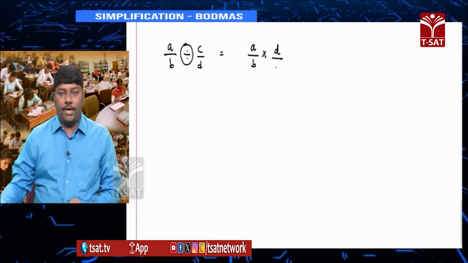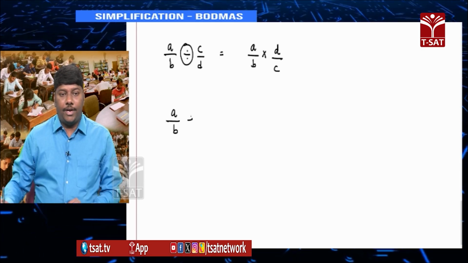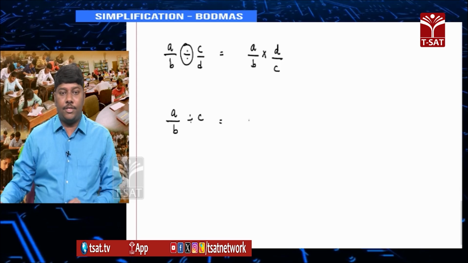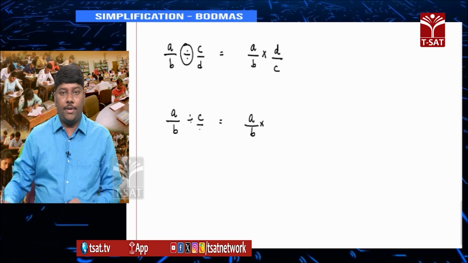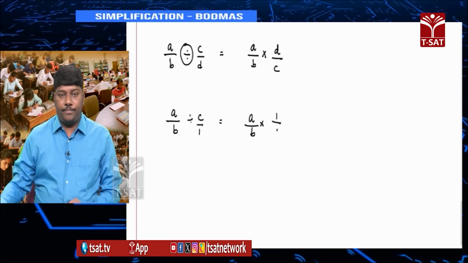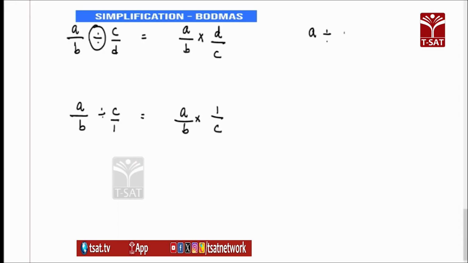So it becomes D by C. A by B divided by C: simply reciprocate the fraction, A by B into, this is C by 1, so it becomes 1 by C. If you have A divided by B by C, simply reciprocate it, so it becomes C by B.